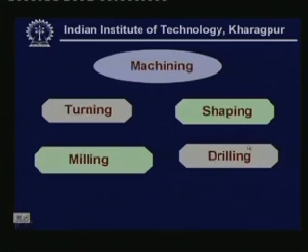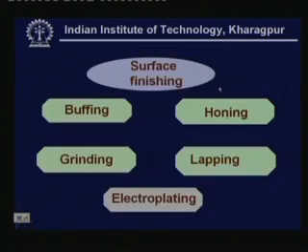In the similar manner you can have the machining. You have gone through I suppose the turning, shaping, milling and drilling. These are the certain procedures you used in lathes and other machines, milling machines, shaping machines etc. And then you go for the surface finishing procedures which are mostly the buffing, honing, grinding, lapping and electroplating.